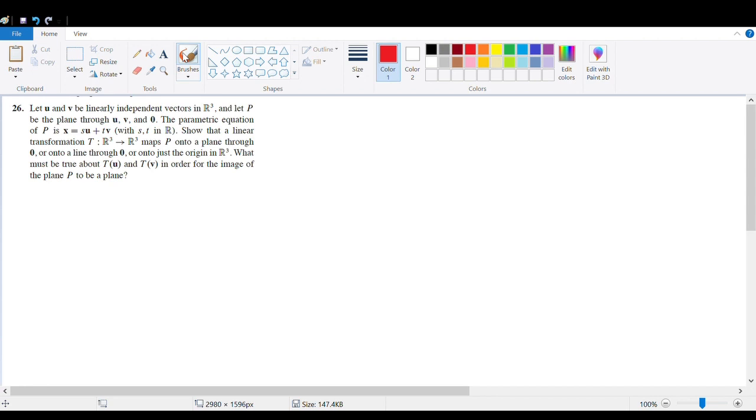What must be true about T(u) and T(v) in order for the image of the plane P to be a plane? So it is given that any point x in the plane P satisfies this equation: x = su + tv.